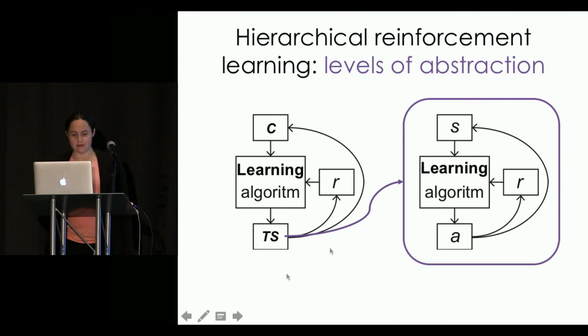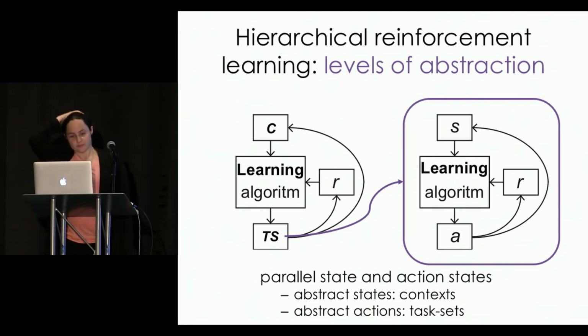And this, having selected this set of rules, is going to constrain the lower level learning and decision mechanism, the less abstract learning and decision mechanism. Contrary to options, though, it's not temporally extended this time.